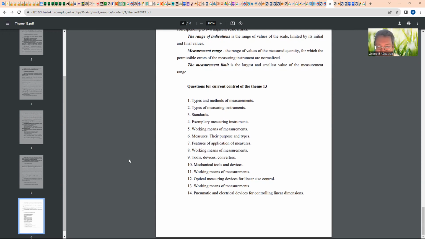Types and methods of measurements, types of measuring instruments, standards, exemplary measuring instruments, working means of measurements, measures, their purpose and types, features of application of measures, working means of measurements, tools, devices, converters, mechanical tools and devices, working means of measurements, optical measuring devices for linear size control, working means of measurements, and pneumatic and electrical devices for controlling linear dimensions.